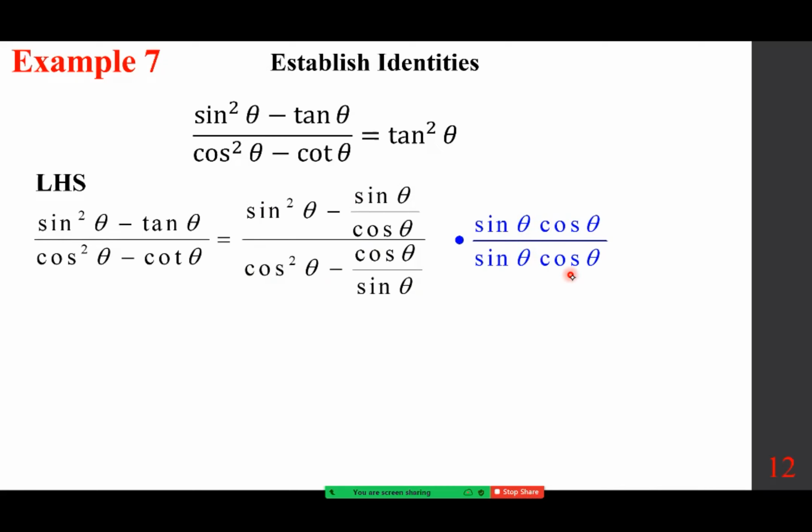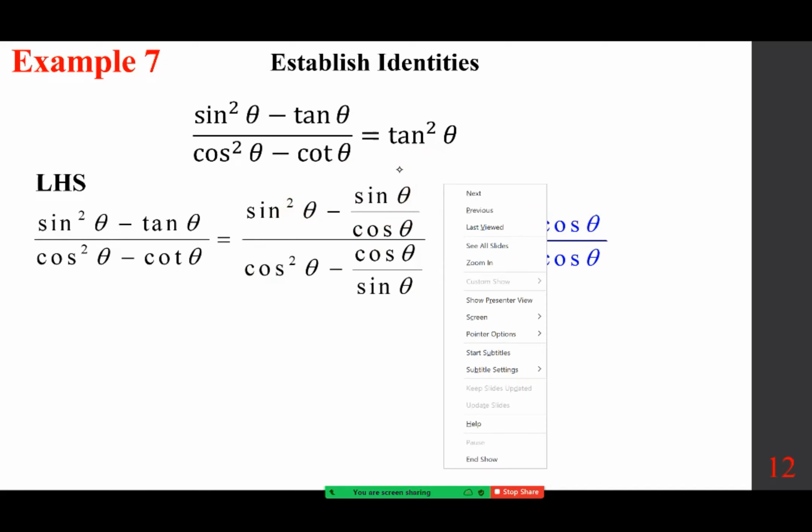So what happens is that if I multiply this one by the first piece, I simply get sine cubed theta cosine theta. But when I multiply these two, cosine goes away and I get minus sine squared.